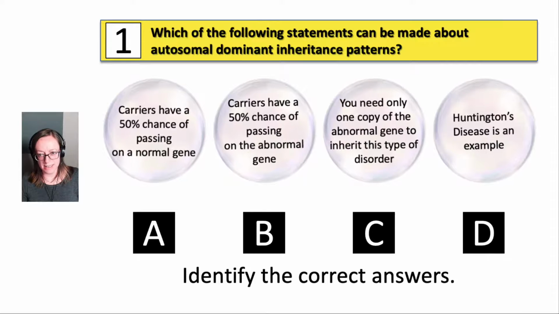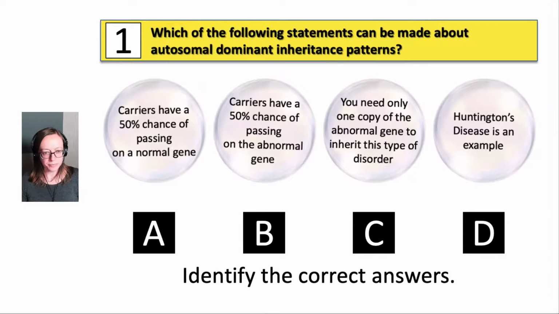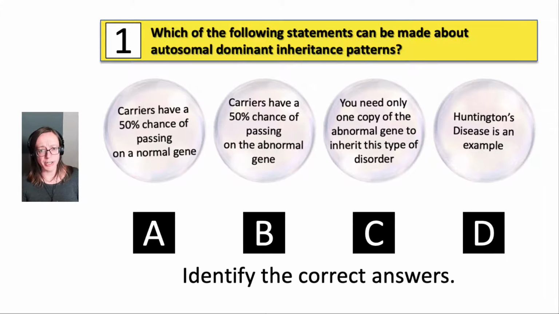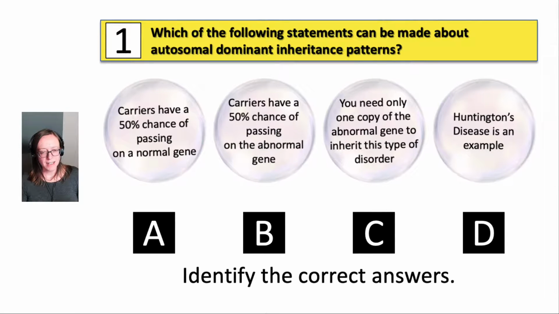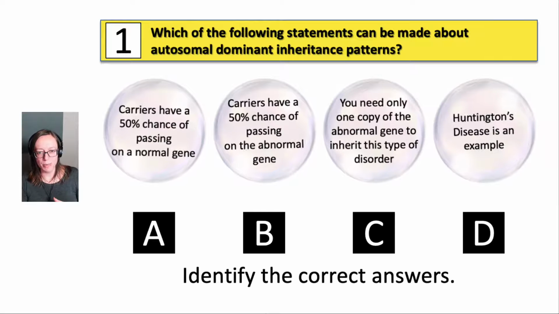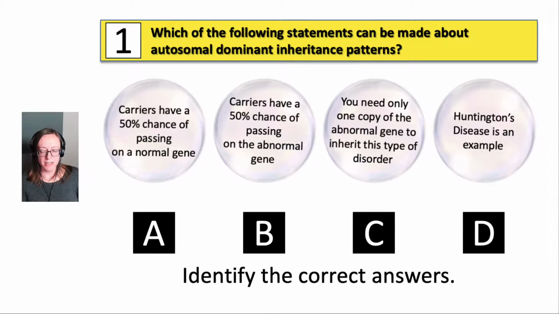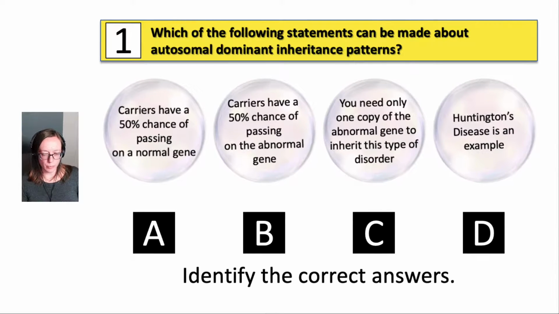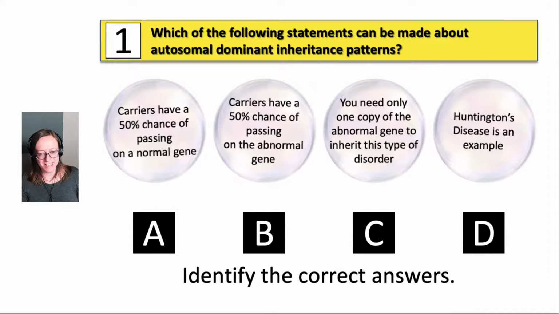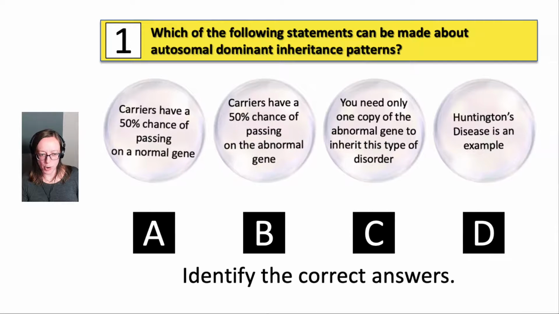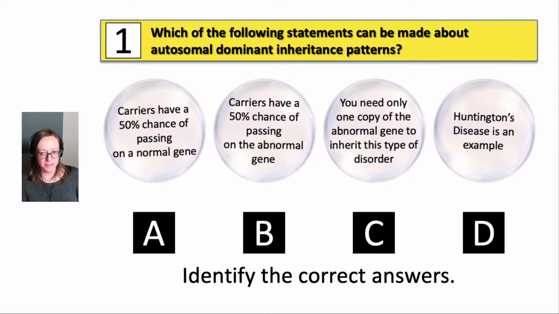D, Huntington's disease is an example. So you definitely need to know exactly what autosomal dominant inheritance means to be able to answer this question, and I'm hoping that you guys do. So identify which are the correct answers: A, B, C, D, or a combination of those.